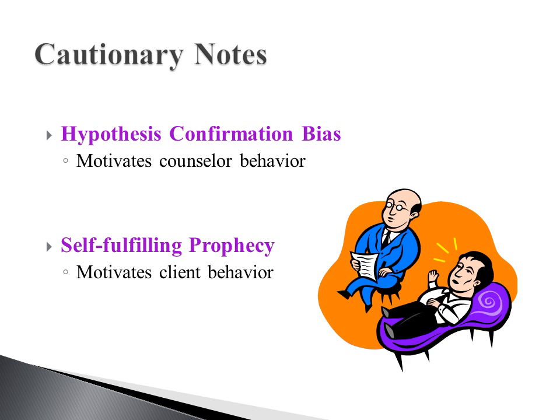A second caution is to be cognizant of self-fulfilling prophecies. These motivate client behaviors. When clients become labeled, there is a tendency to live to the label. Their behaviors and actions will more closely resemble those associated with the disorder they're said to have.